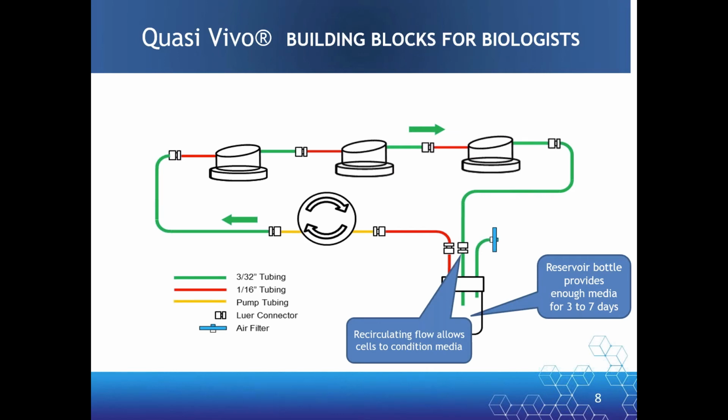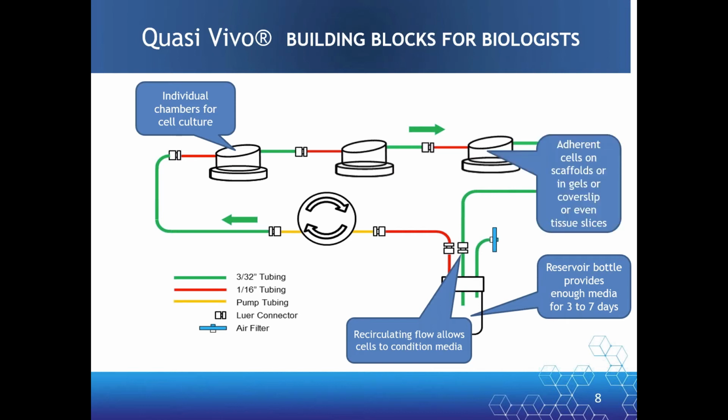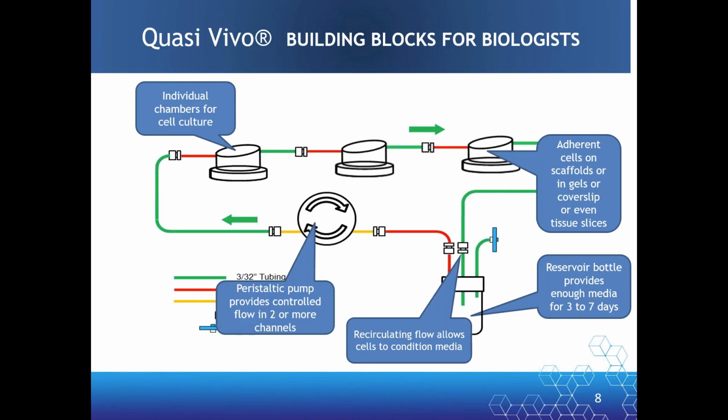The media is recirculating because it's pumped around the system, and it flows through individual chambers, and this is where you culture your cells, either at the bottom of the chamber on a glass cover slip or plastic, or on a scaffold, or even put tissue slices into these chambers.